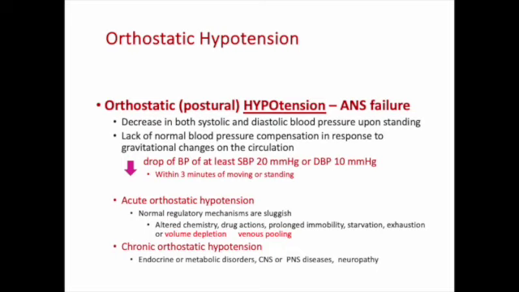The compensatory mechanisms aren't effective in maintaining a stable blood pressure when you have orthostatic hypotension. This is the main thing. Most of the time, for patients that have primary orthostatic hypotension, it's a chronic illness.